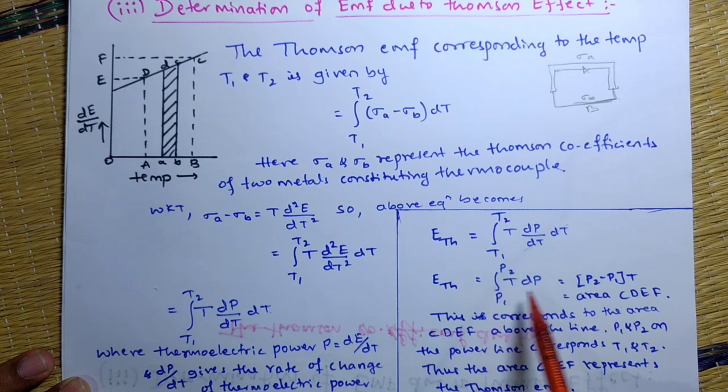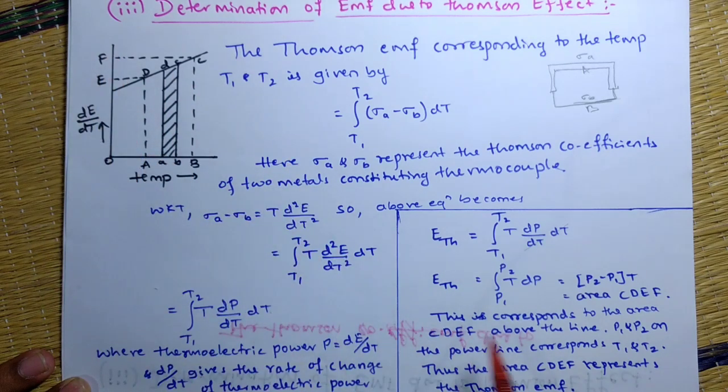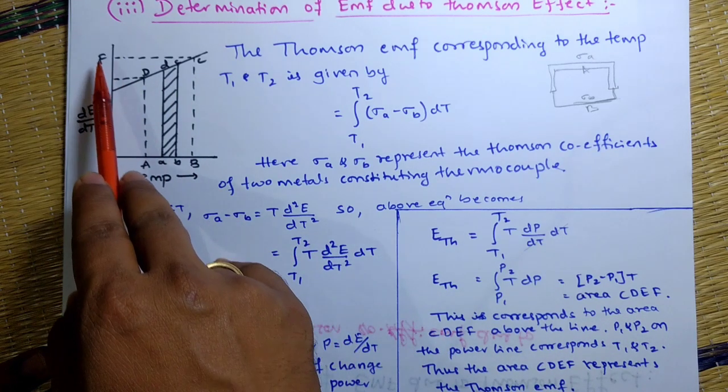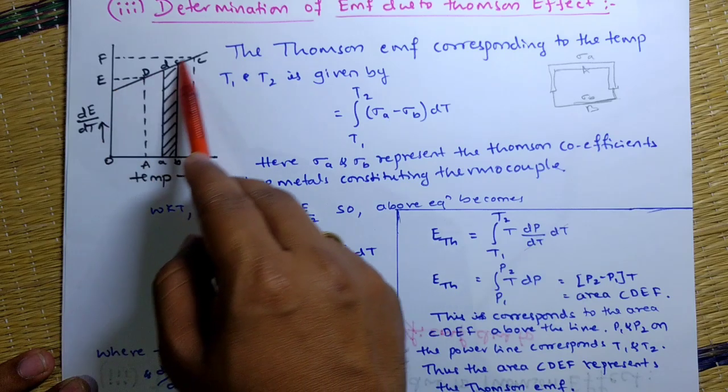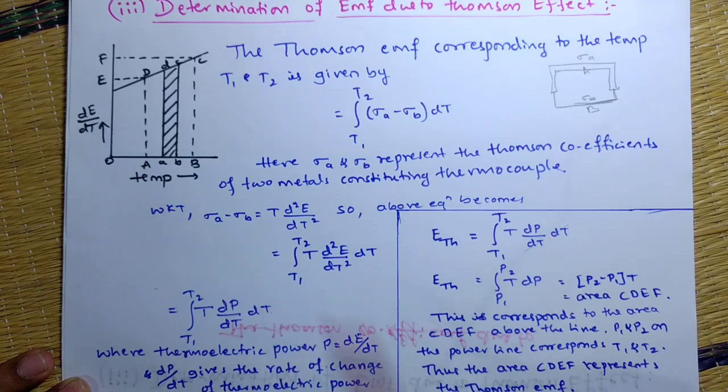Then the integral of this term is nothing but the area CDEF above this line, and P1 and P2 on the power line correspond to the temperatures T1 and T2. Thus the area CDEF represents the Thomson EMF, right?